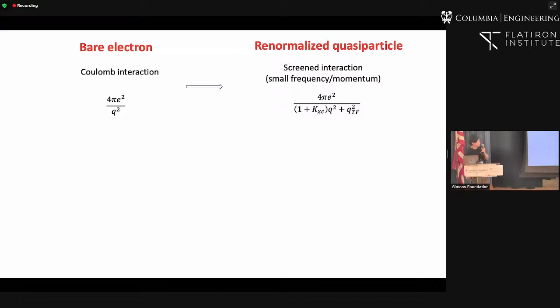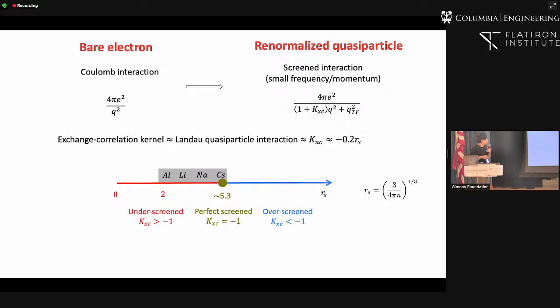Coulomb interaction. This prefactor basically has many different names in different subfields. For example, in material science, people call it the exchange correlation kernel. And in many-body physics theory, people call it the Landau quasi-particle interaction. They are really the same thing in the small momentum limit.